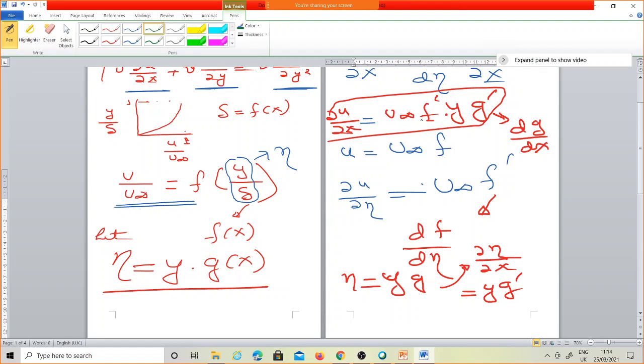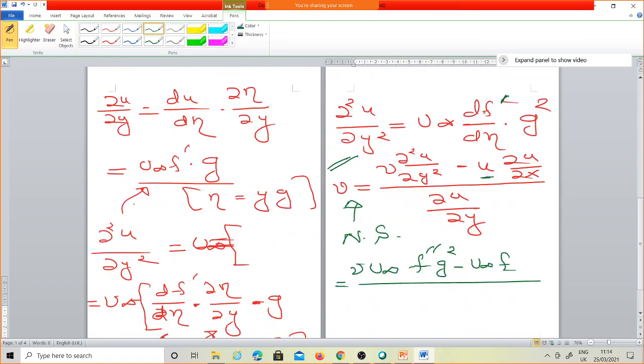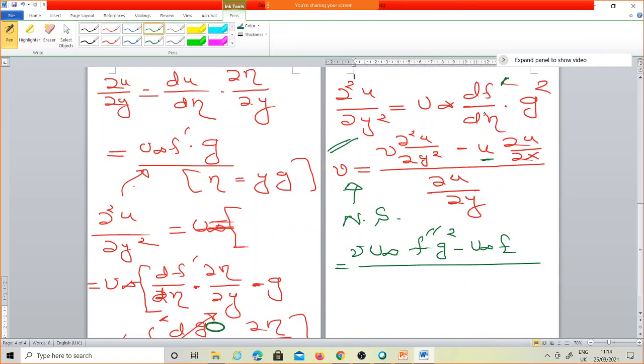Del u by del x was u infinity f prime y g prime. So I just write it down here. So this should be again u infinity f prime y g prime. And then divided by del u by del y. It's like the same, u infinity f prime g.